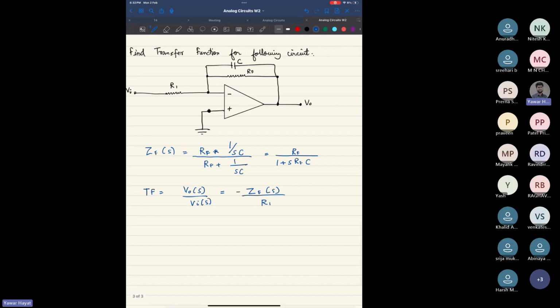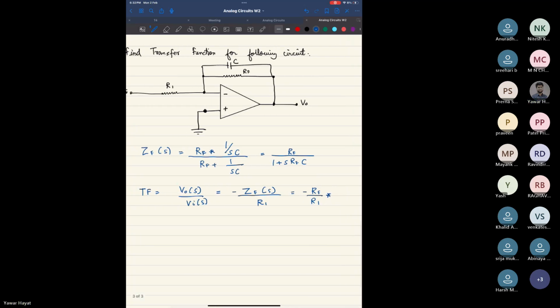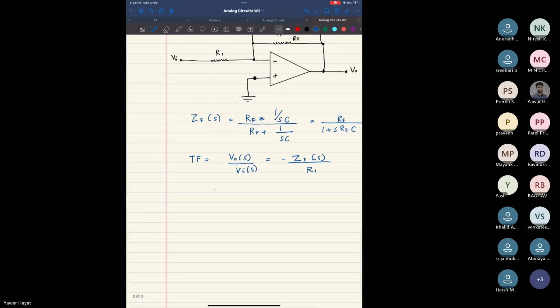So the final answer that we'll get would be minus RF by R1 times 1 whole divided by 1 plus S RF C. Is this clear?